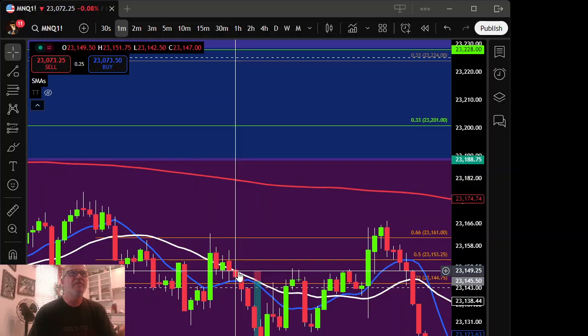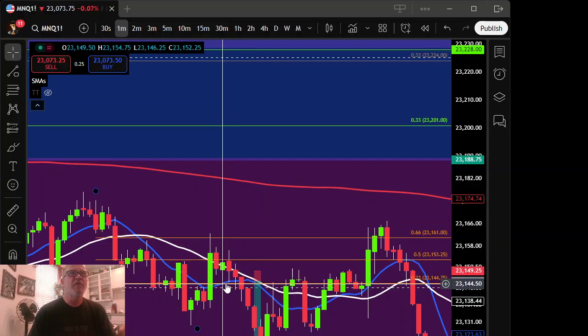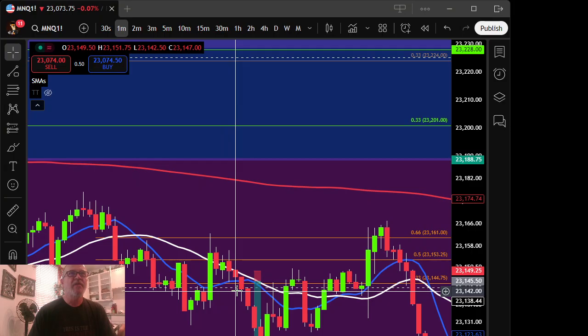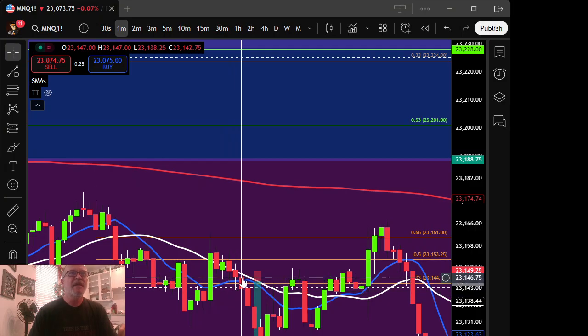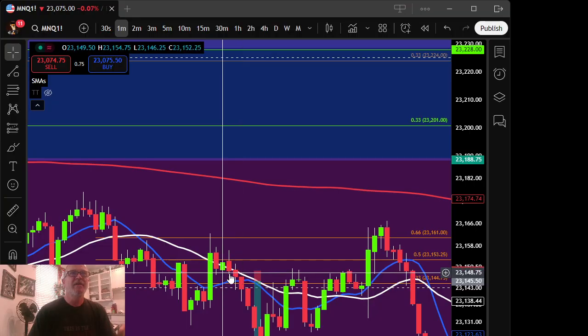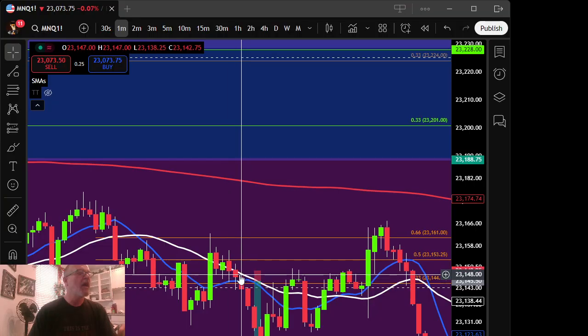Then the next candle closed even lower right at the 9, and it did break through the 9. So when this next candle started and it didn't push up into or past the high of the 21 and it started moving down, I jumped in.